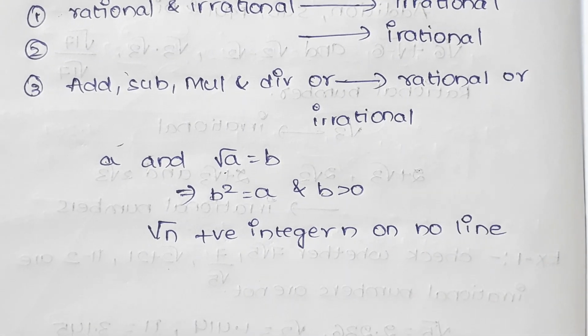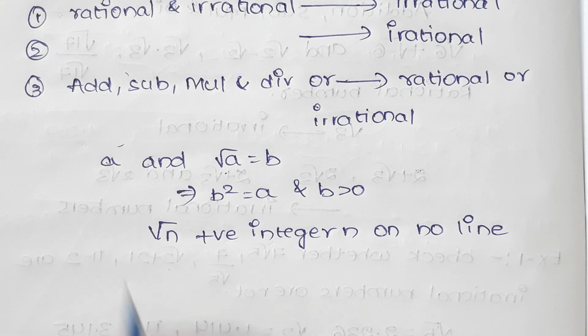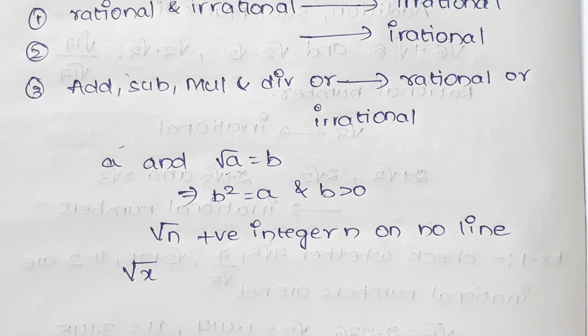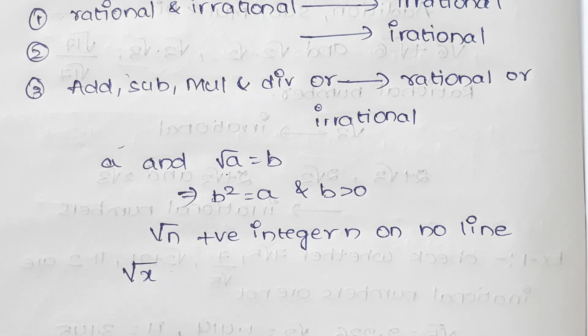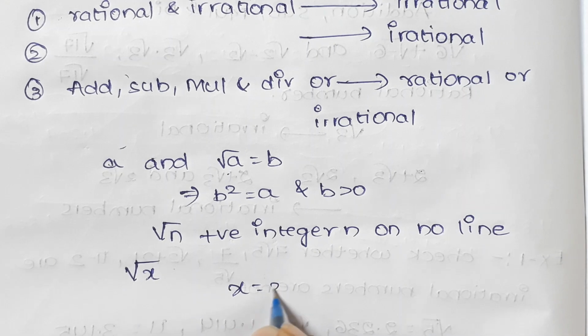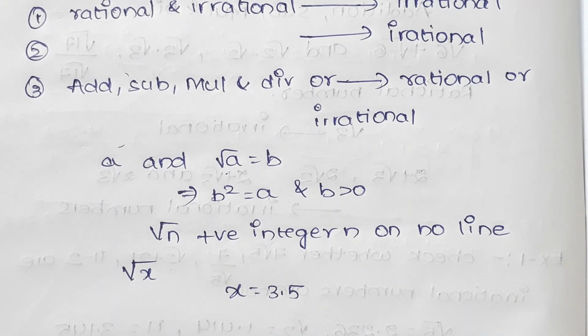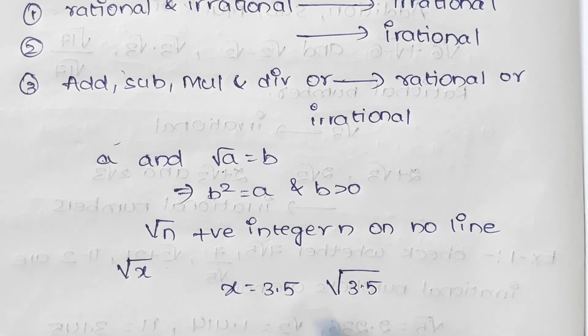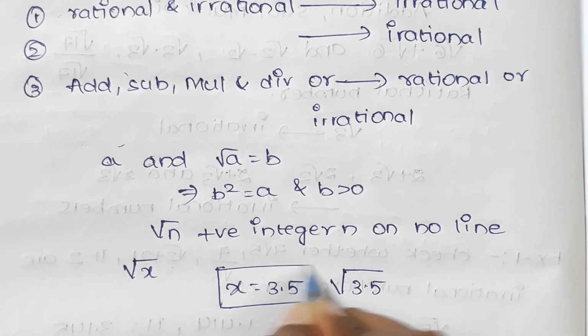And now we will see similarly how to find root x, that is for positive real numbers, geometrically. Let us take an example, x equals 3.5, and we will find this root 3.5 geometrically by using this x value.